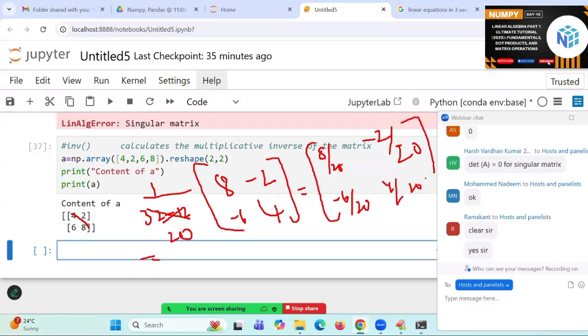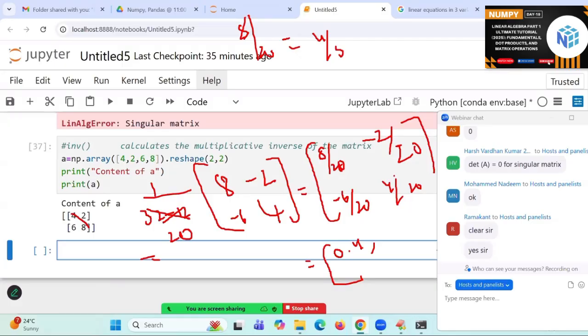If you simplify, that will be the answer. 8 by 20 is called 4 by 5, which is 0.8. Next, 0.4.